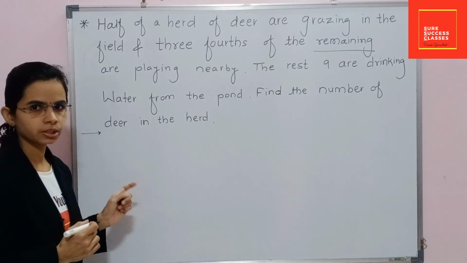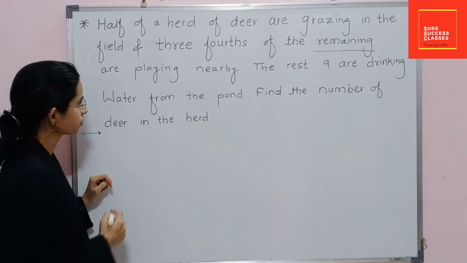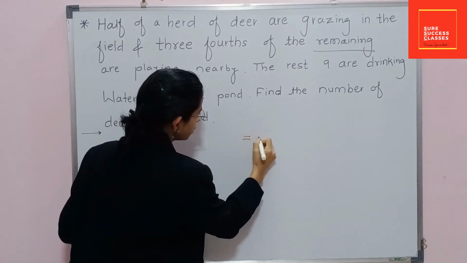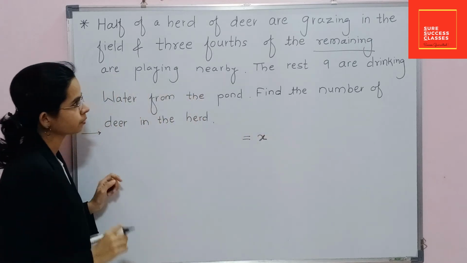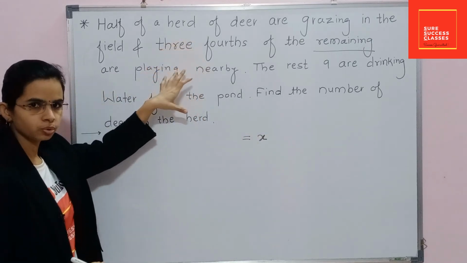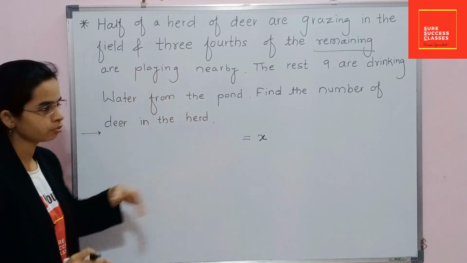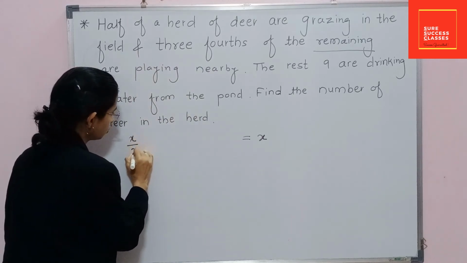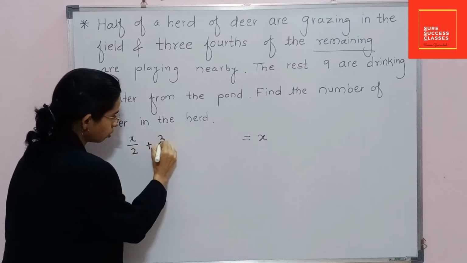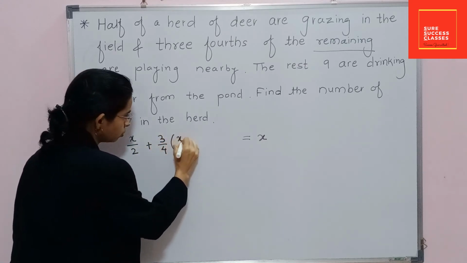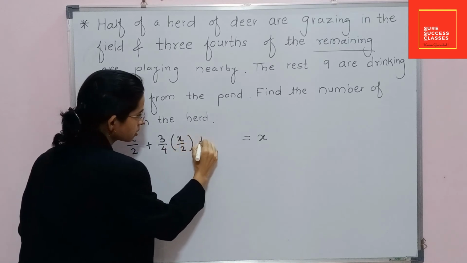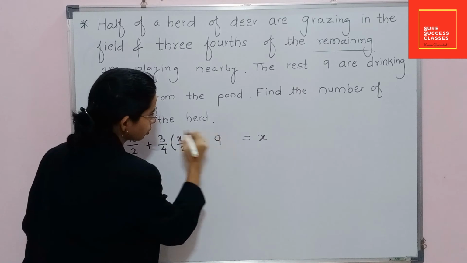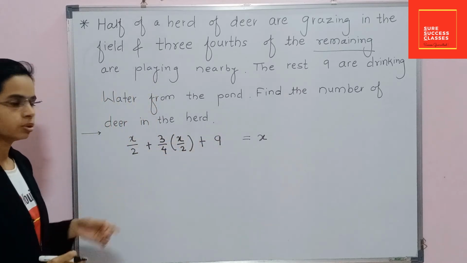Let's form the equation with the help of this information. So we know total number of deer are x, and when we add these three groups, then we will get the total number of deer. So we will write down it x by 2 plus 3/4 of x by 2 plus 9 are drinking, means we have to add here 9. So this is our equation.